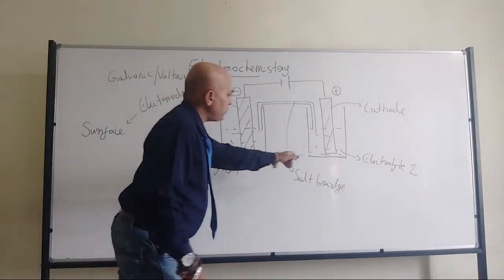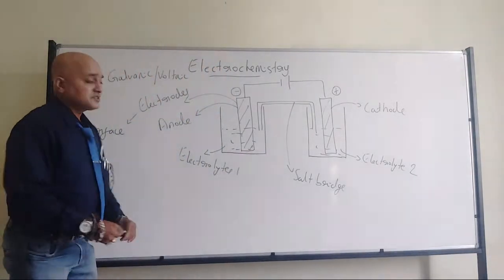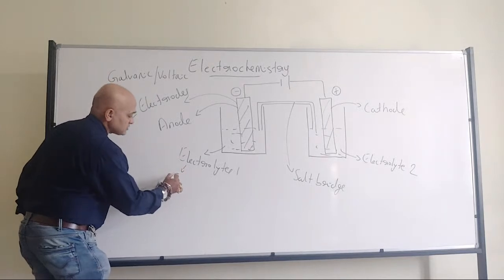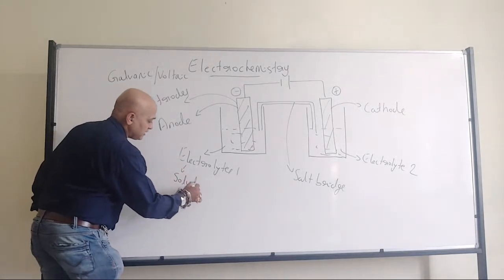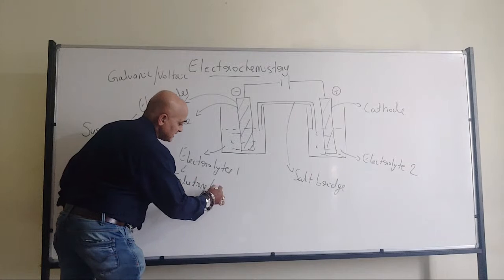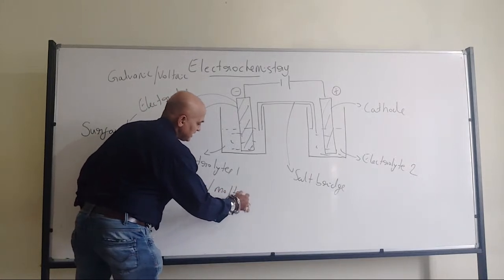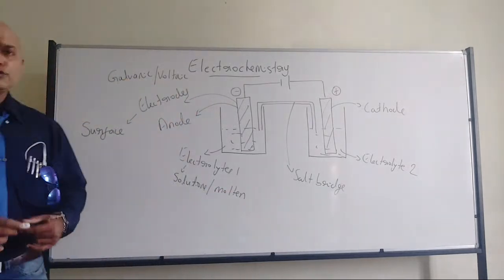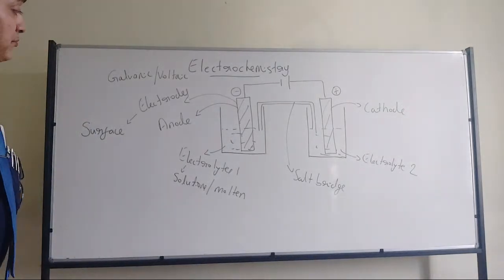When I am talking about electrolytes, they are solutions, or they can be in molten form. Anything is fine. It can be a liquid solution or it can be in a molten state.